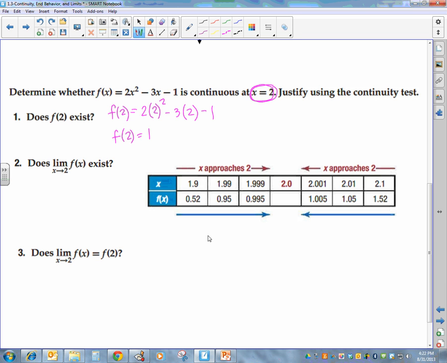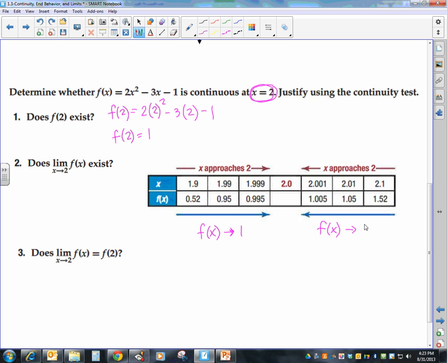When you do that, we have f of x equal to 0.52, 0.95, 0.995, getting closer to the number 1. Then 1.52, 1.05, 1.005, and my function is getting closer to 1 again.